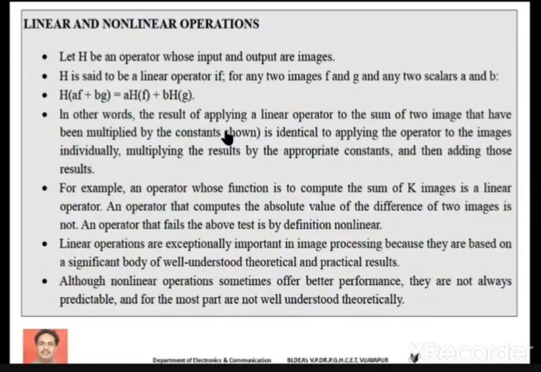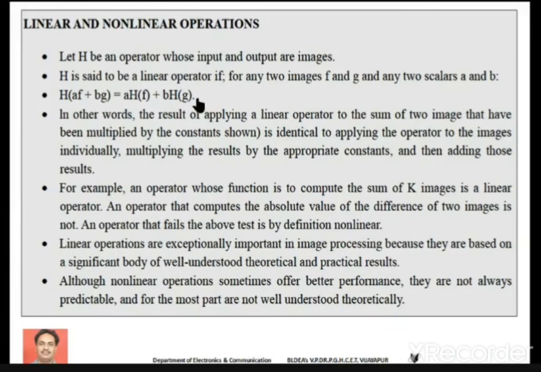Adding these matrices is a very good example of a linear operation because they can be added in any order, but we are going to get the same result. On the other hand, an operator that computes the absolute value of the difference of two images is not a linear operation, because the operator fails to satisfy this particular condition, right?